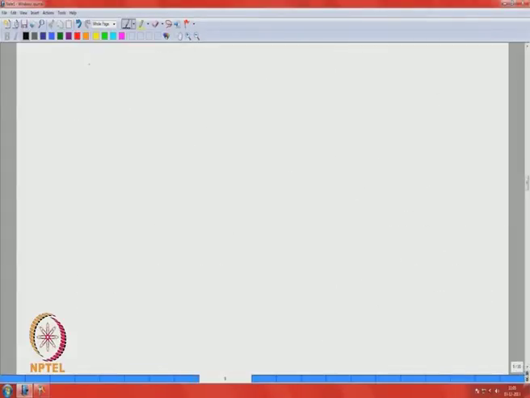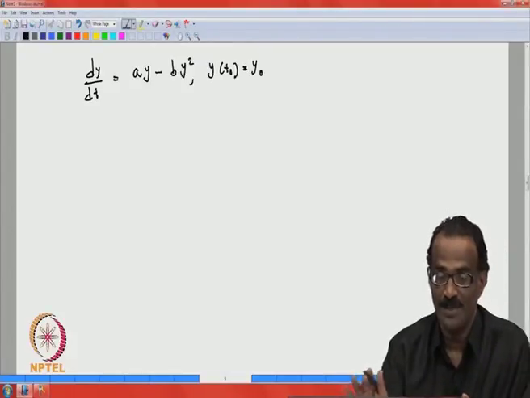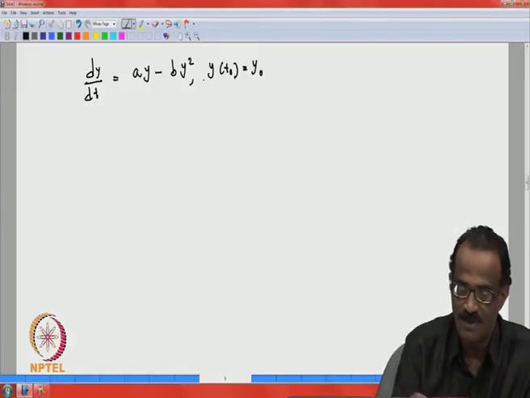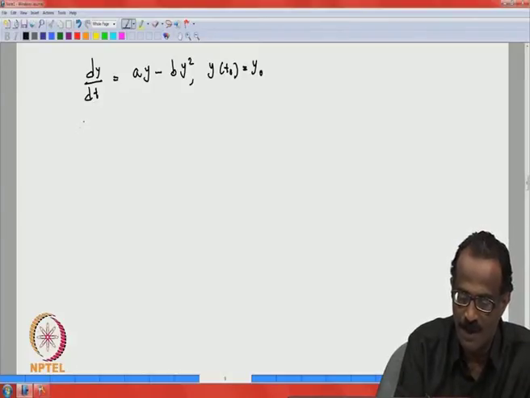So, you have the problem dy by dt equal to a y minus b y square, y at t naught is equal to y naught. Again let me write, initially we go a little more slowly. All of you know this, you can use my change of variable concept, or you can do the same thing, you can write 1 over a y minus b y square dy.